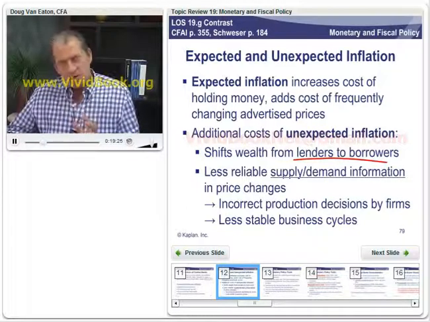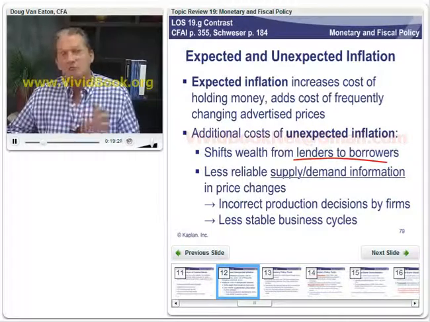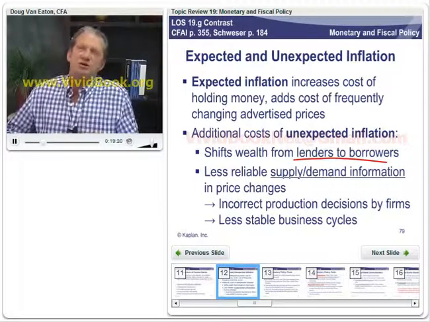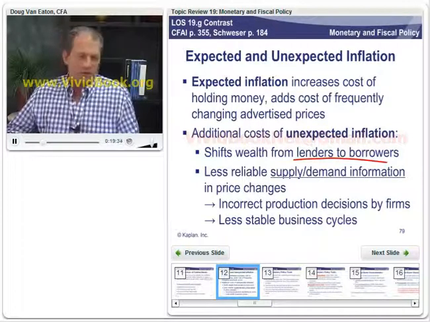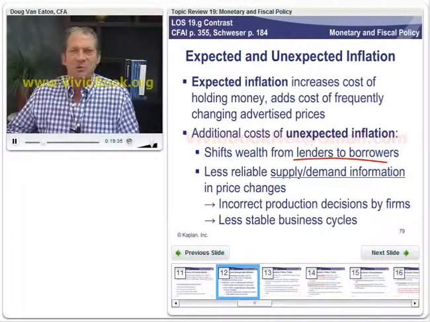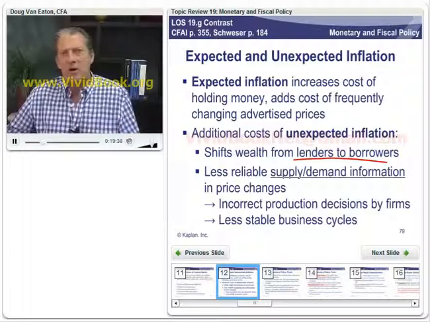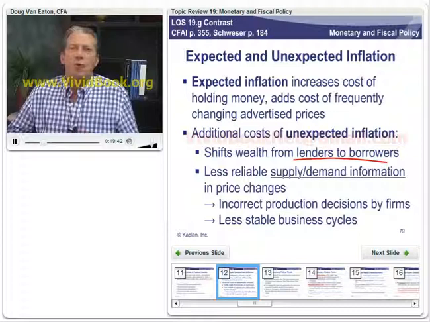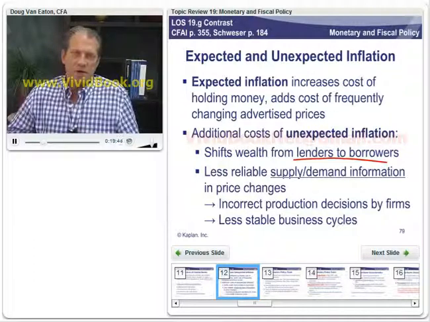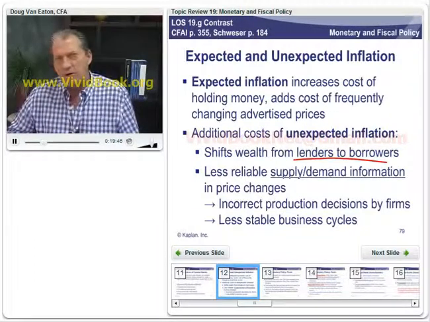So make sure you understand the implications of perfectly anticipated or expected inflation, which is not too bad, right? In the 2 or 3% area, if we know exactly what it's going to be, it doesn't impose a lot of costs. But unexpected inflation does this wealth shift from lenders to borrowers, and not just homeowners, right?